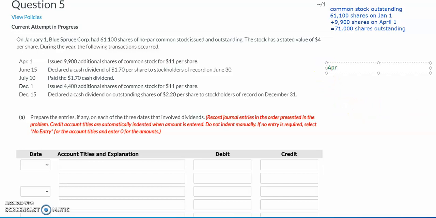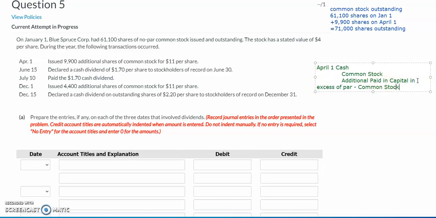So on April 1st, we're going to debit cash, we're going to credit our common stock, and we're going to credit our additional paid-in capital in excess of par on the common stock. This is a long account title, but you do need to learn it for this particular class.